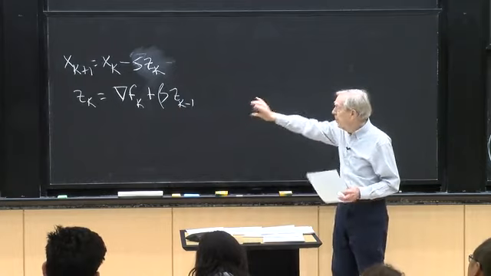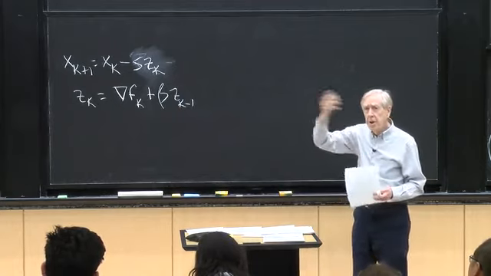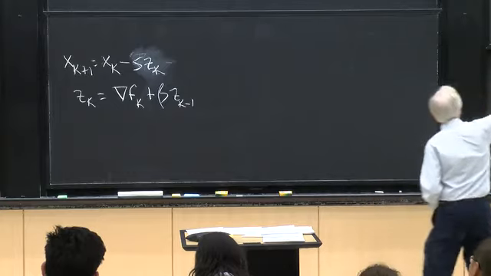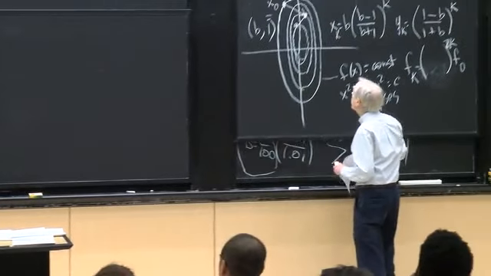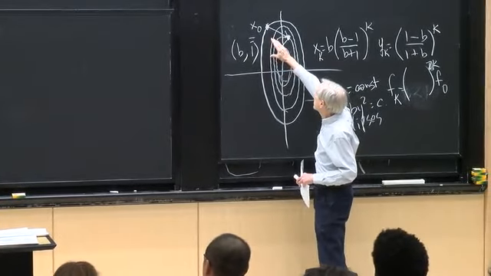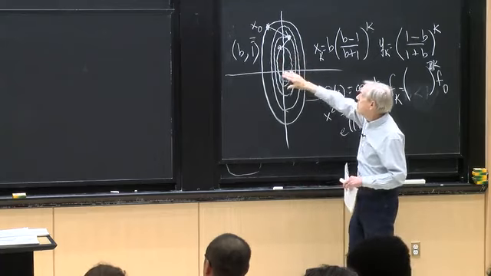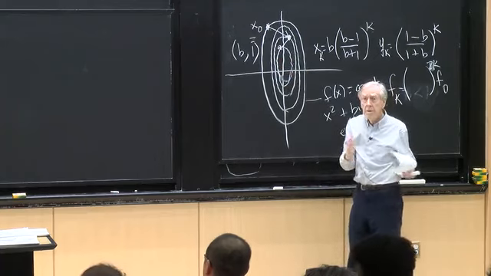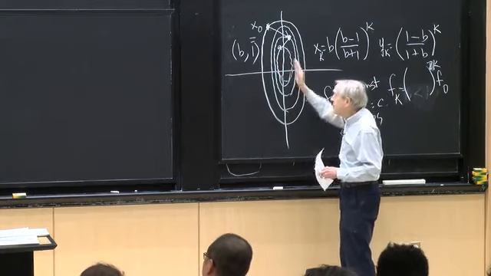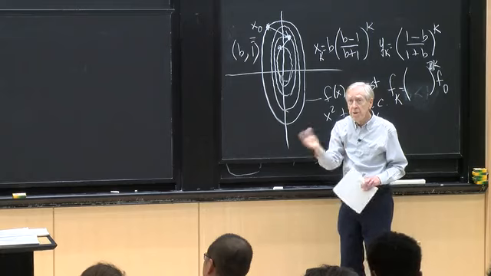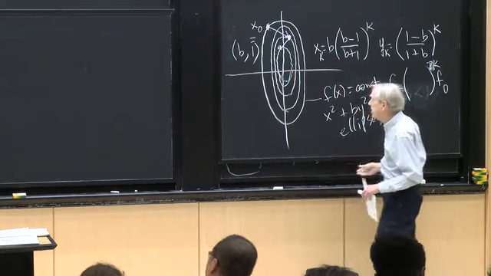And one way to interpret that is to think of a heavy ball instead of just a point. If I think of a heavy ball, instead of bouncing back and forth as uselessly as this one, it still bounces, of course, on the sides of the level sets, but it comes down the valley faster.